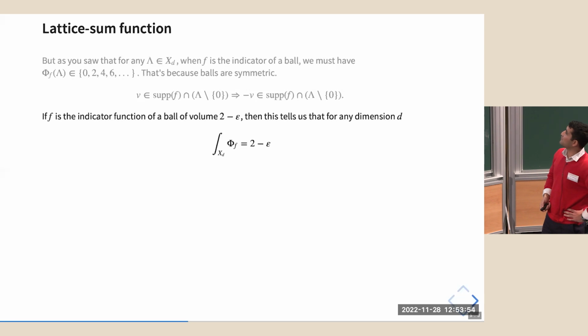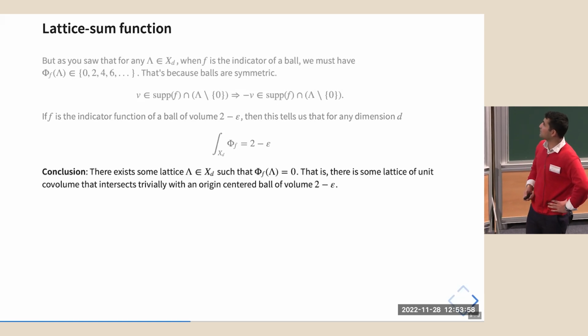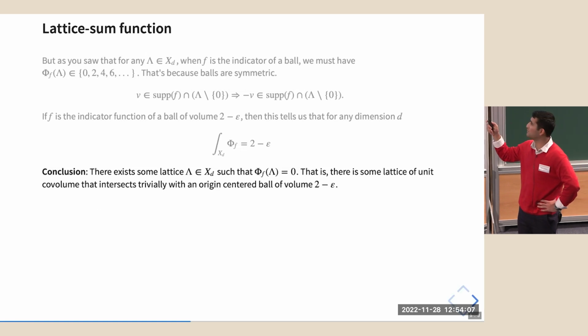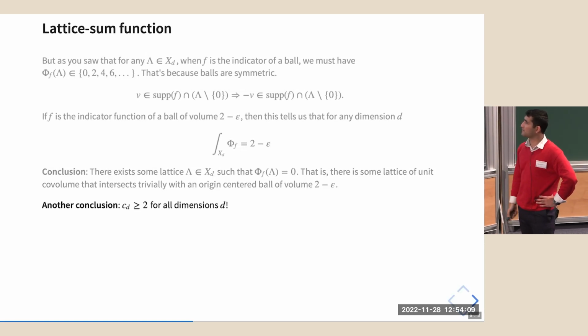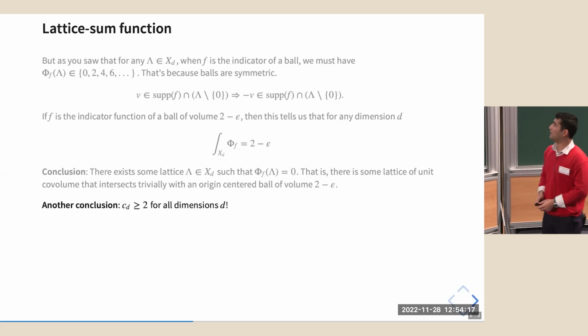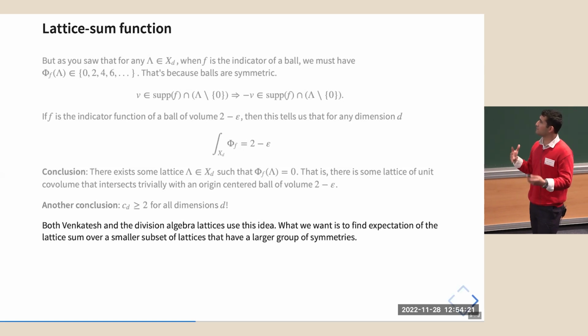So if f is the indicator function of the ball, this tells us that there exists some lattice that intersects trivially with the ball. And this gives you that C_D is greater than or equal to 2 for all dimensions D. If you believe the Siegel mean value theorem, this is proof that C_D is greater than or equal to 2. So both this 2013 result and the division algebra lattices use this idea.